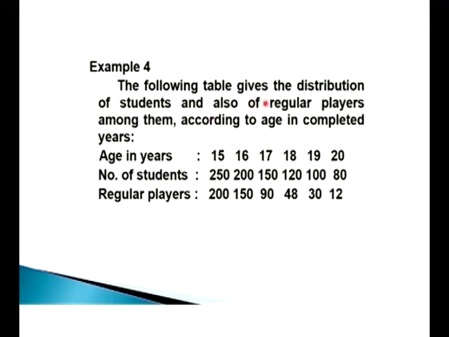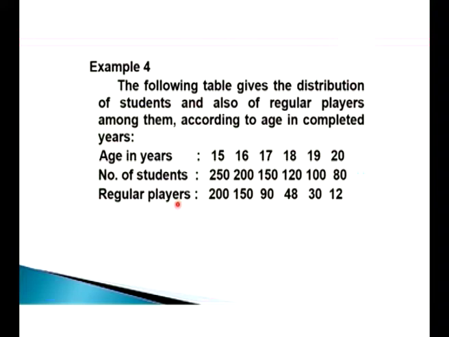Okay. So, what are the attributes given? The following table gives the distribution of students and also of regular players among them according to age in completed years. Age in years is given as 15, 16, 17, 18, 19, 20, and the number of students in the age of 15 is 250, in the age of 16 is 200, and similarly 150, 120, 180.